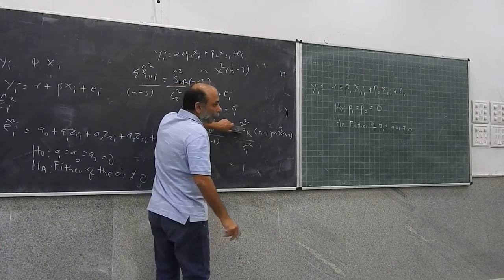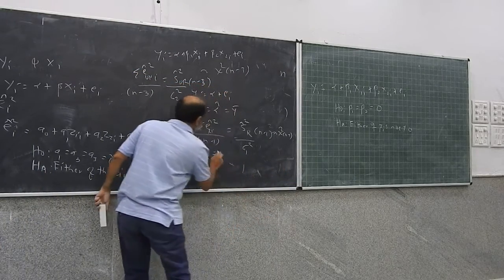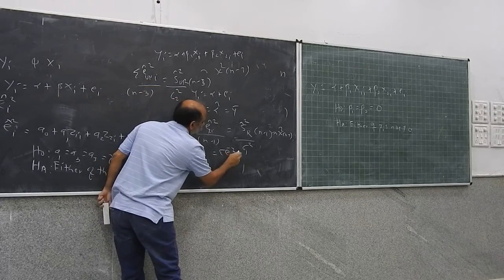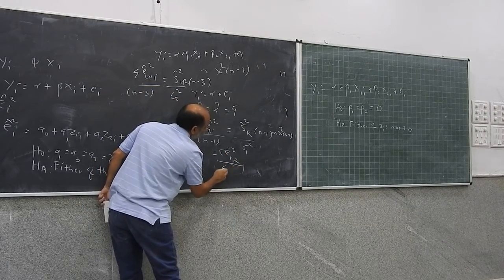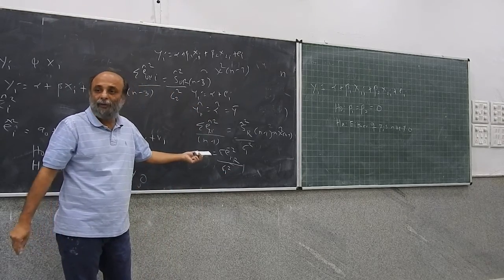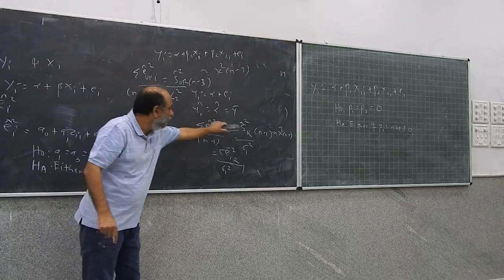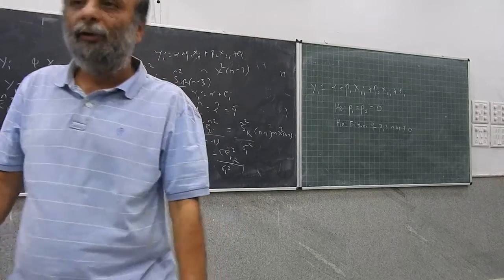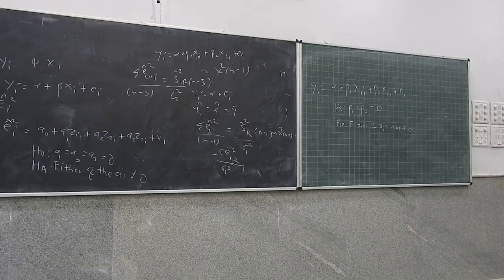Now, let's understand this. What is this? This will be equal to summation e hat i R square, right? Why?